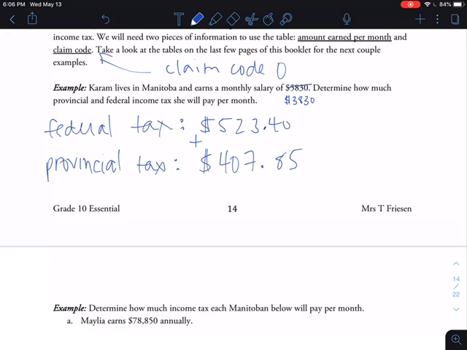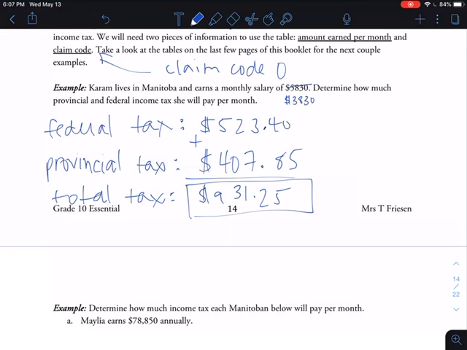So for total tax, we can add them up to get our total. $407.85 plus $523.40 gives me $931.25. Okay, so that is how much money Karam pays in tax per month. Okay, there's our answer. So she pays $931.25 in tax each month.